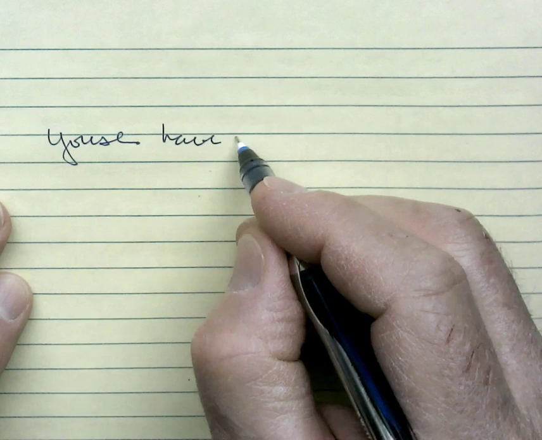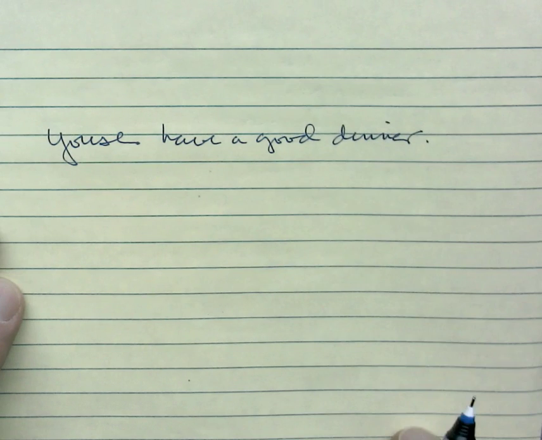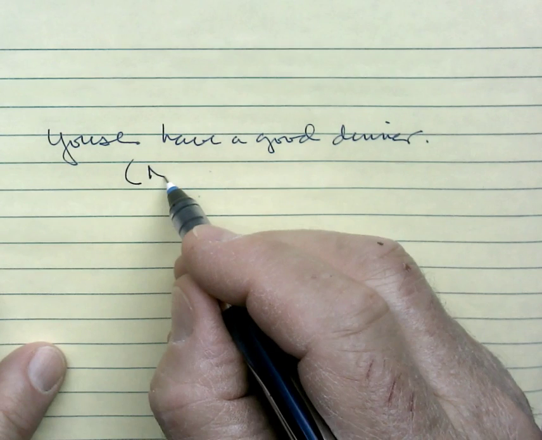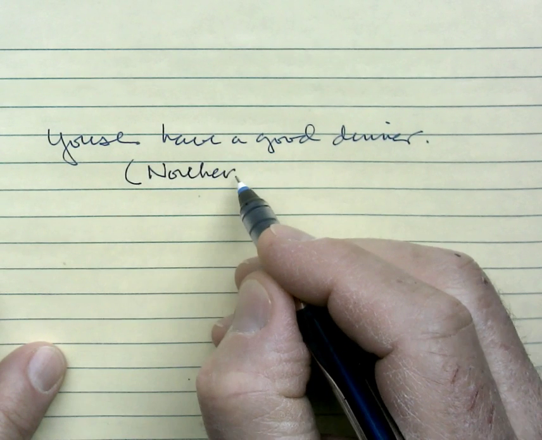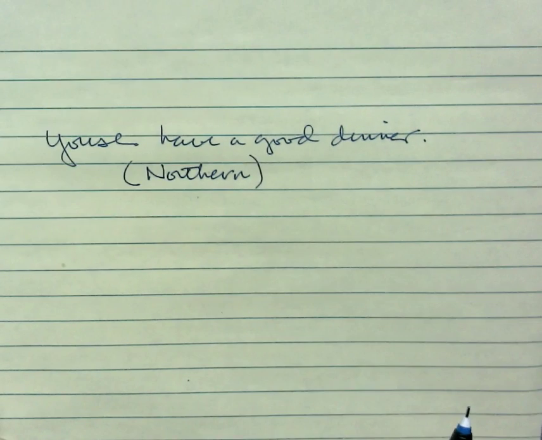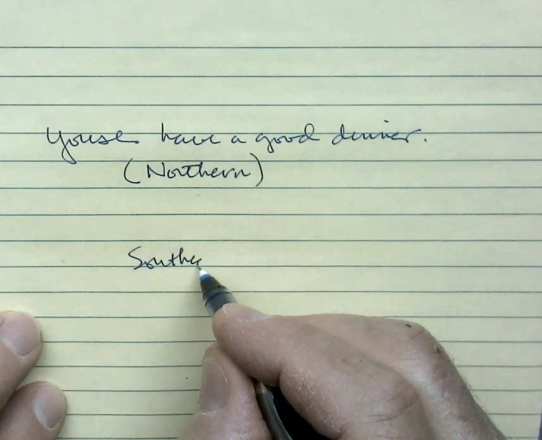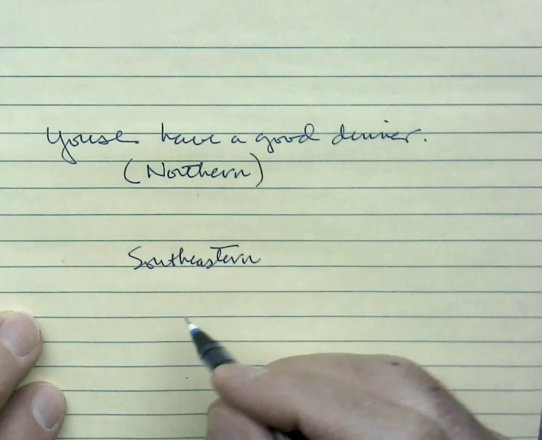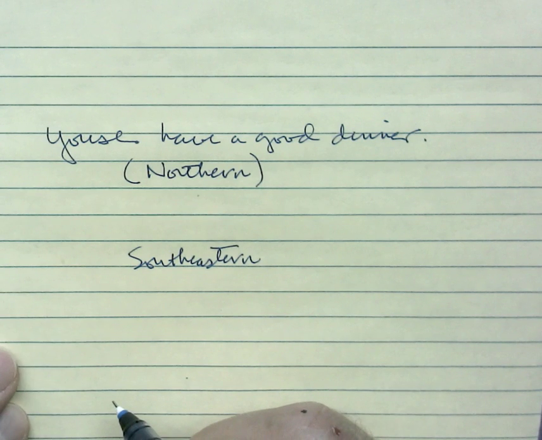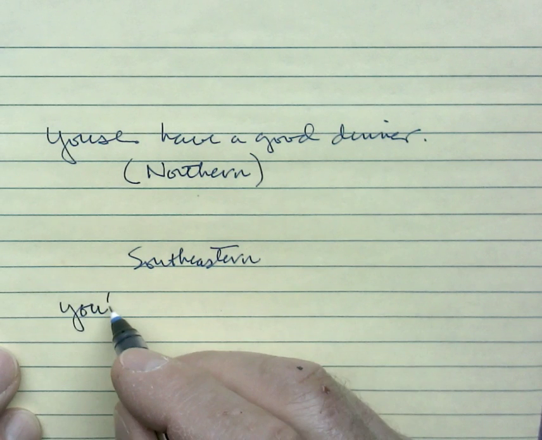Yous have a good dinner. Nice to see yous. So yous can be a plural, and yous is used in vernaculars in the northern United States. And in a smaller portion of the United States, the southeastern portion, maybe from the south up until Pennsylvania, they say you-uns.